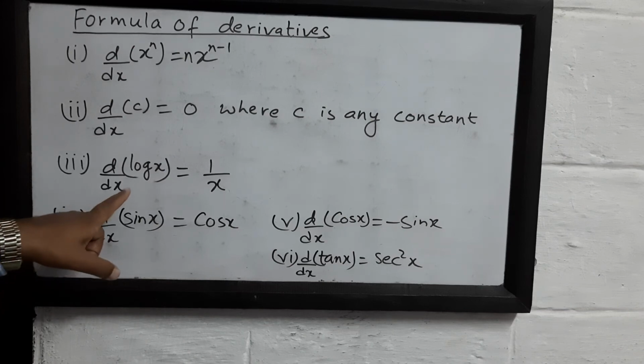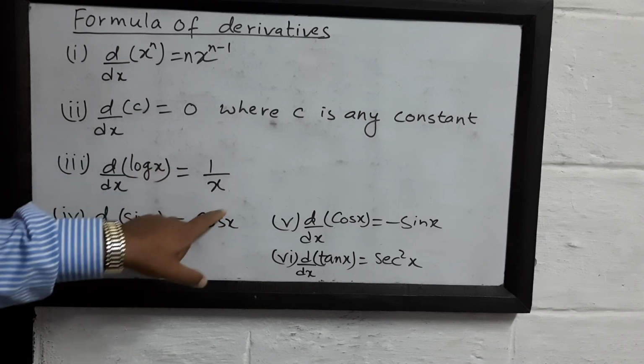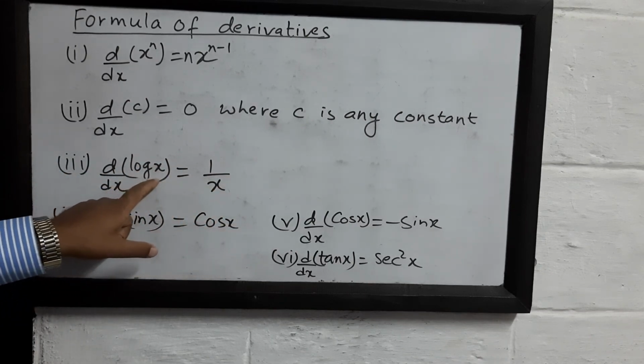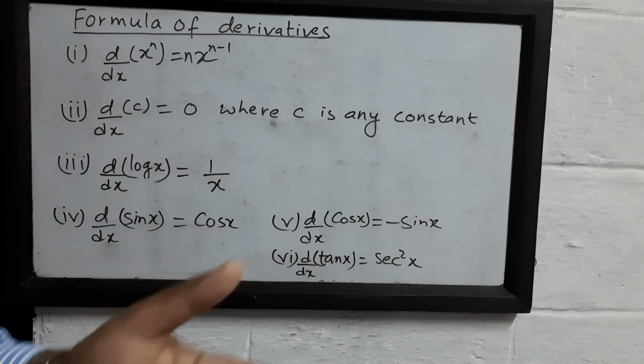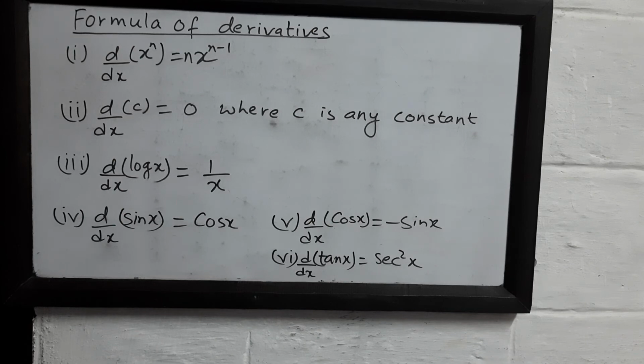So here this is the derivative of log x, that is 1 over x. From 1 over x, how can we find log x? That is integration. From cos x, how can we find sin x? That process is integration or antiderivative.